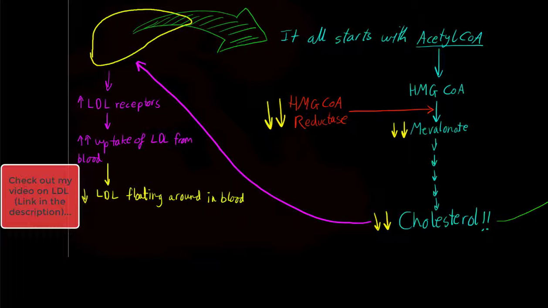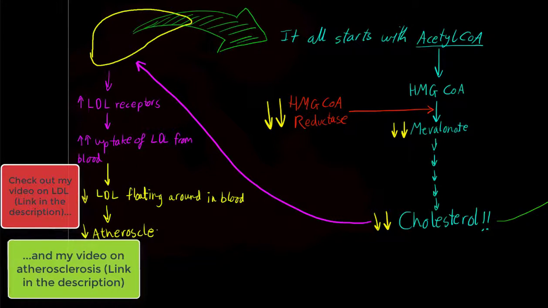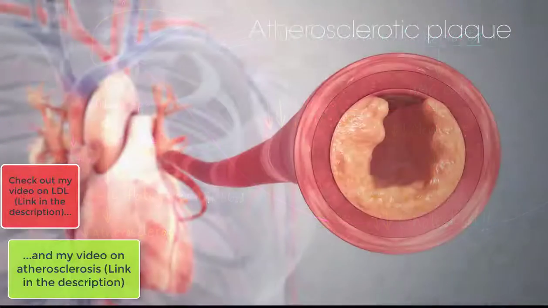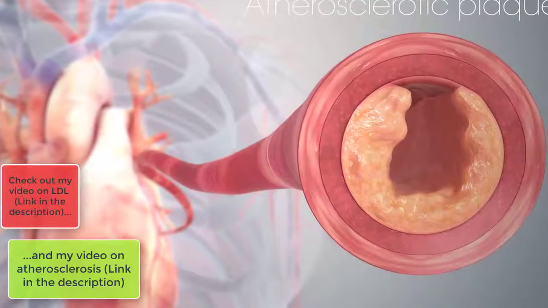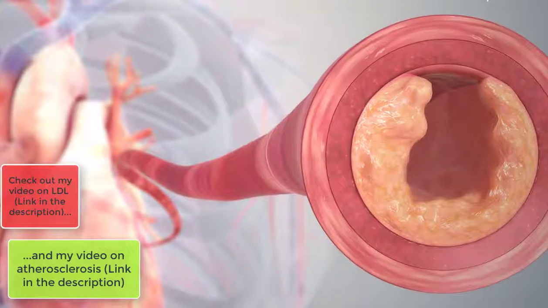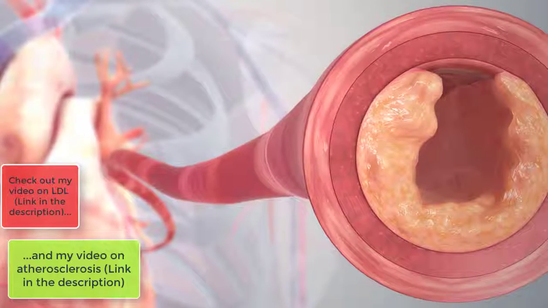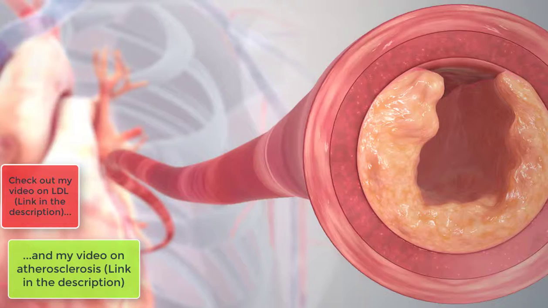And the greatest consequence of that, as far as the contents of this video is concerned, and the other videos that I've made, is that as the level of LDL floating around in the blood decreases, the risk of atherosclerosis also decreases. And which means that there's a reduced risk of plaques forming on artery walls, which was atherosclerosis, if you recall.